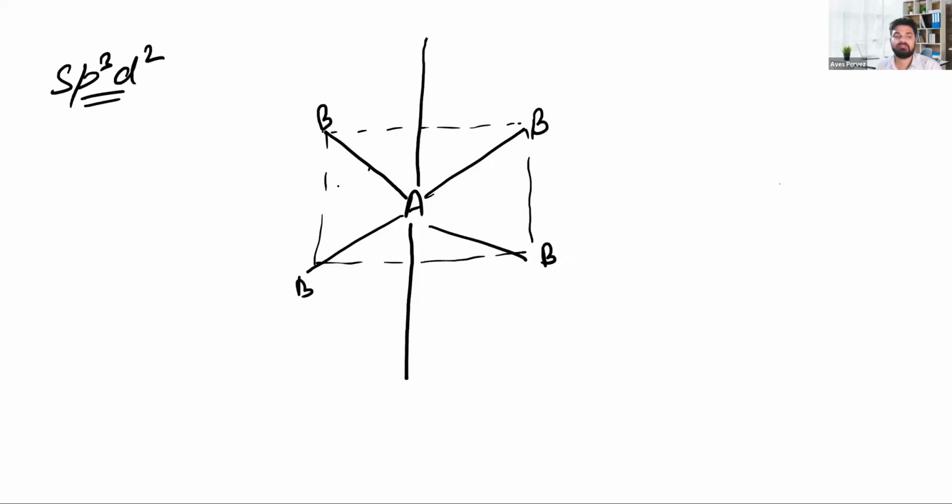Yes. So if I talk about this type of structure, it will be an octahedral structure. What do we call it, octahedral or square bipyramidal structure? Okay, so let me draw this one with some different colors so that you can understand.